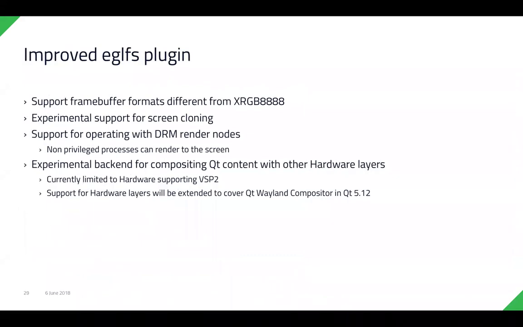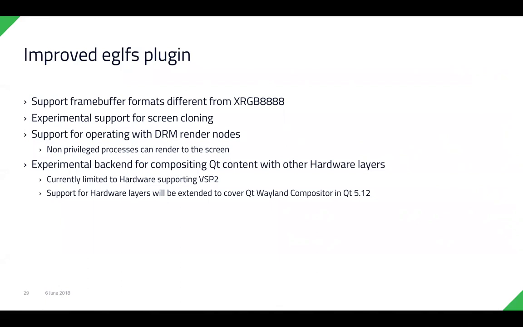We have done quite a few improvements on the EGL full screen plugin. That's the most commonly used plugin on embedded Linux if you're not using Wayland as your display system. We now have support for frame buffer formats differing from XRGB 8888, so something else than 32-bit color depth without alpha channel.